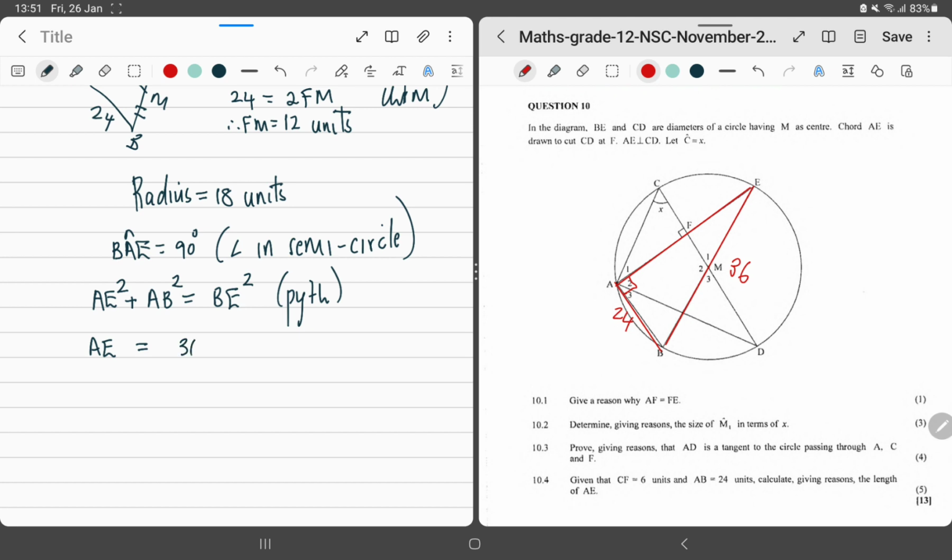BE, that's 36 squared minus 24 squared. This is 26.83 units.